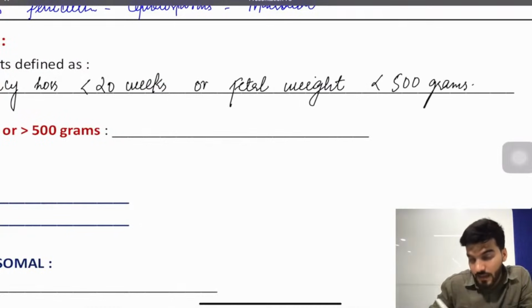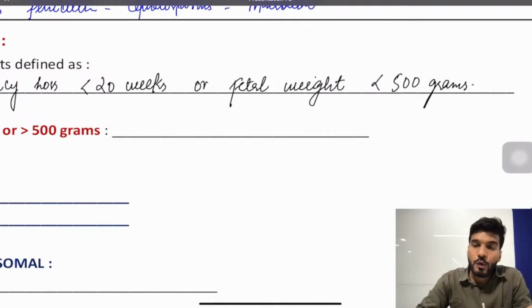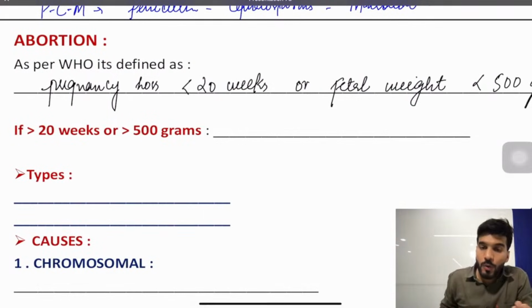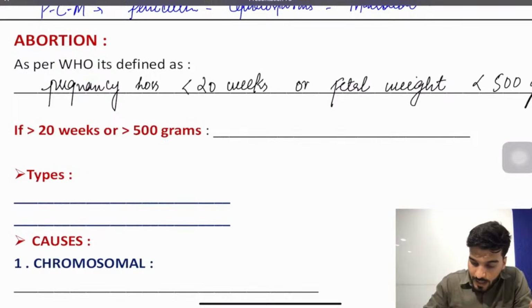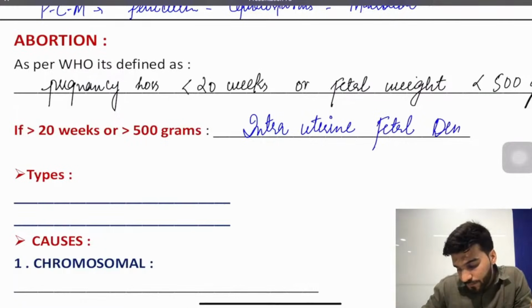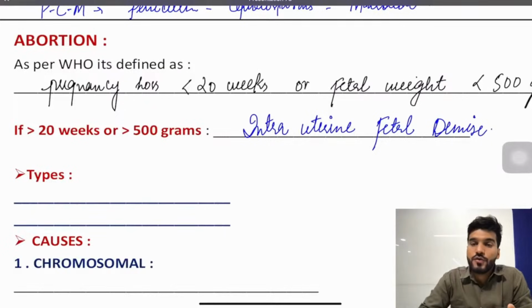Fetal weight less than 500 grams, we call it abortion. If it is more than 20 weeks or more than 500 grams, we call it intrauterine fetal demise. What will you call it, children? So we call it intrauterine fetal demise.